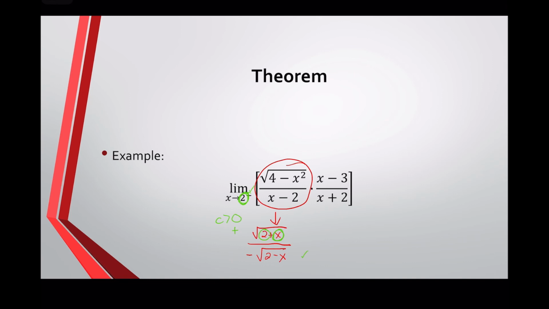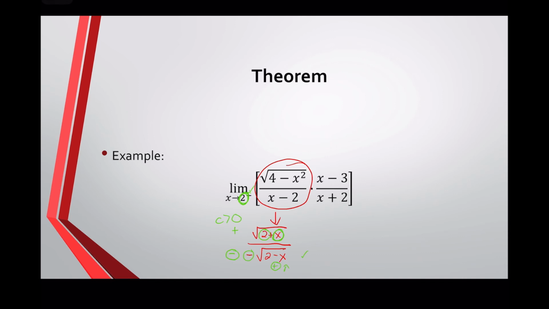How about for the denominator? Now, if we are to substitute that 1.9 here, notice that our radicand 2 minus x, that would be 2 minus 1.9, would still be a positive number. But since that positive number will be multiplied by this negative number right here, clearly our denominator this time is actually a negative number.